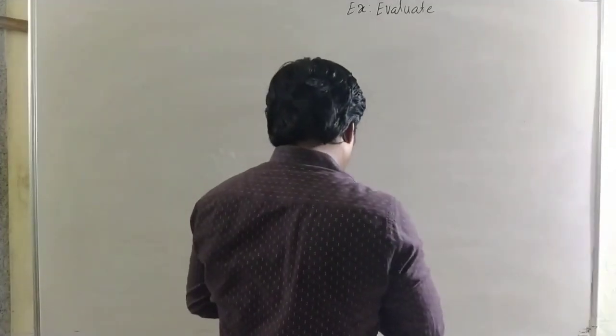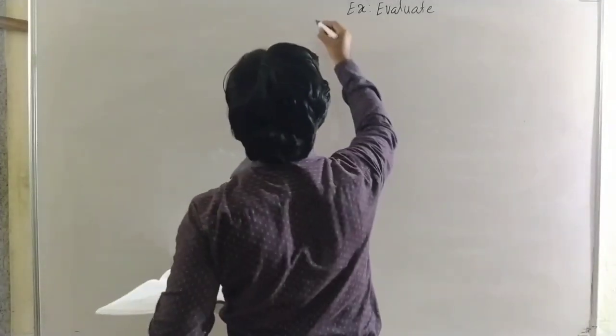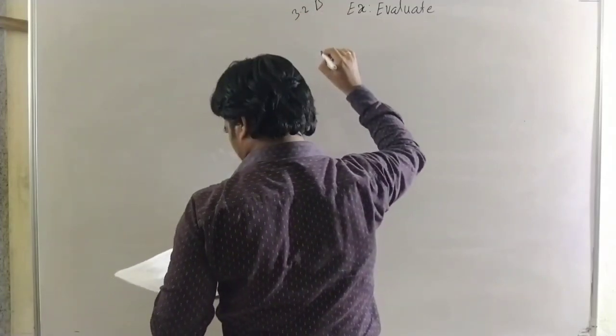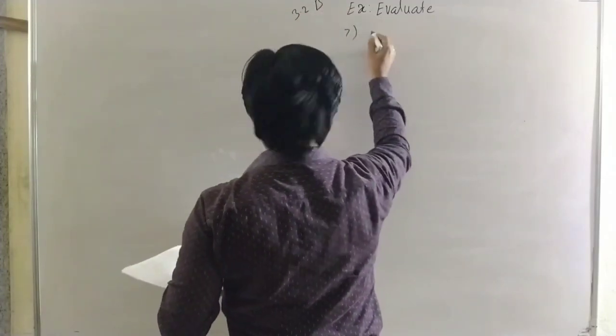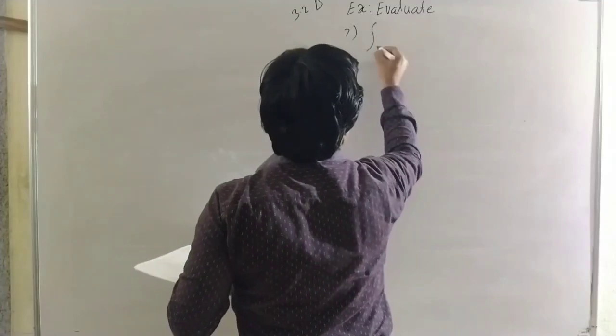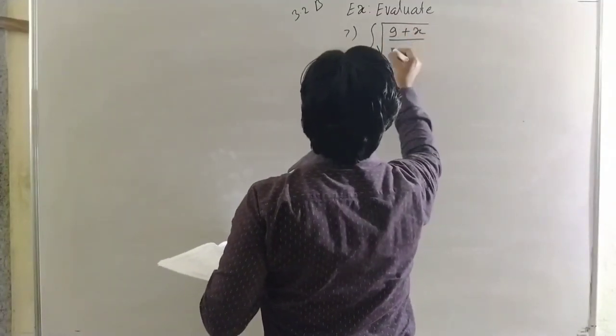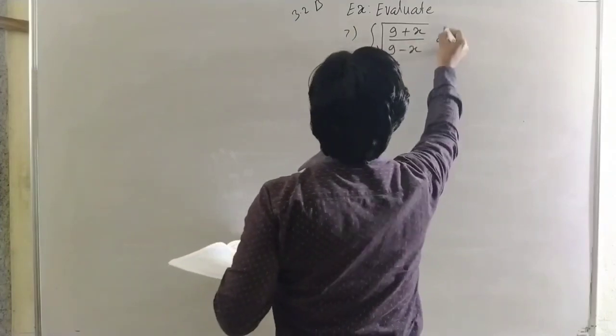Here are examples in exercise 3.2b. Example number 7: evaluate the integral of under root of 9 plus x upon 9 minus x dx.